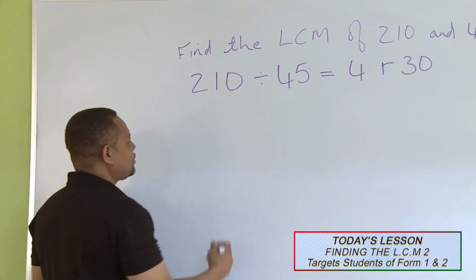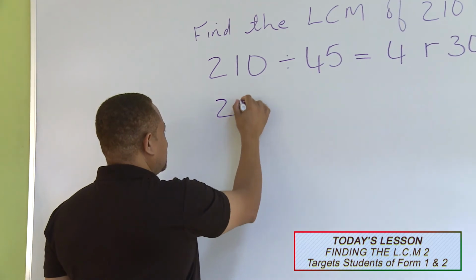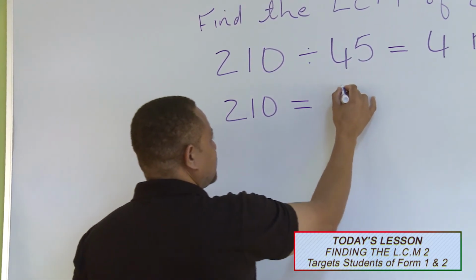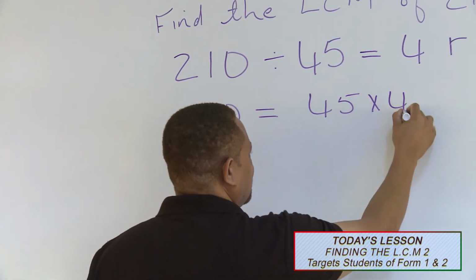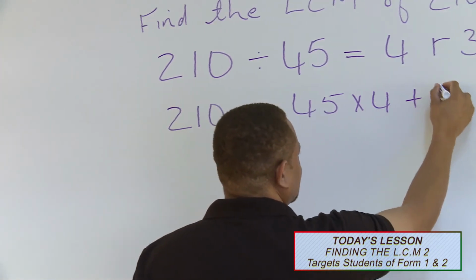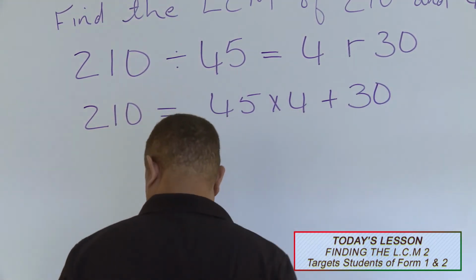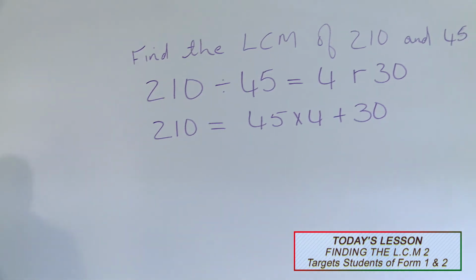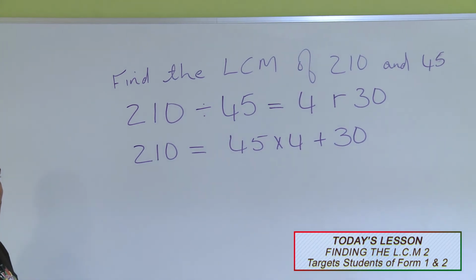Now I'm going to write this equation like this: 210 is equal to 45 multiplied by 4 plus 30. Take a look at it and I hope you understand.